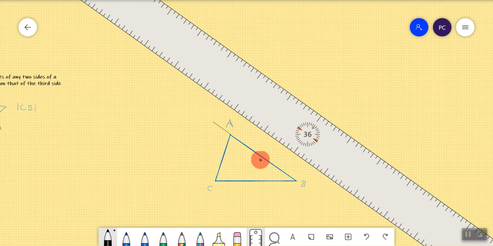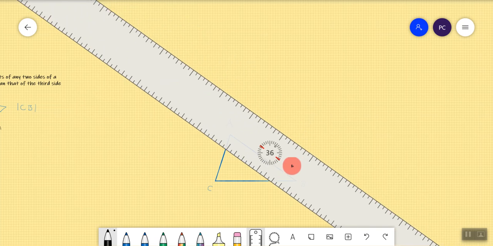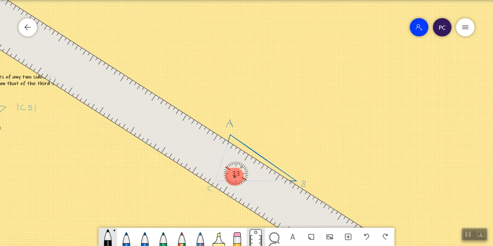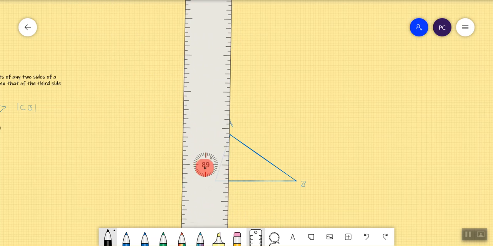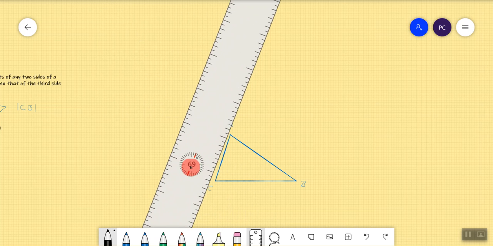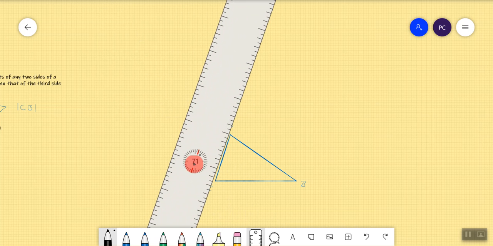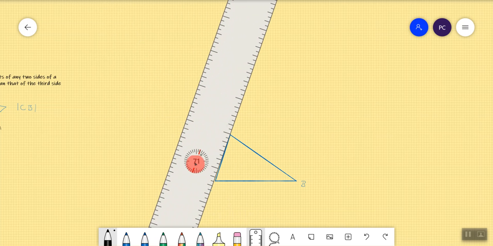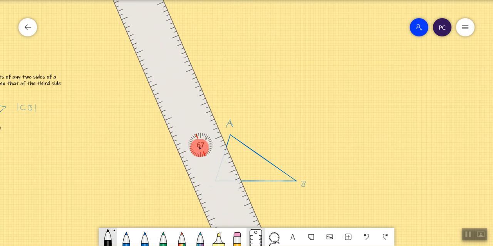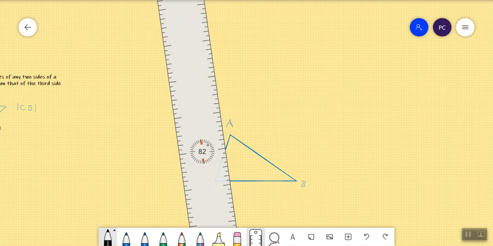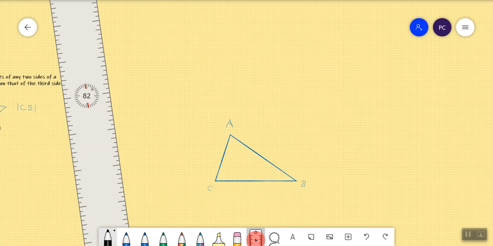Okay, that doesn't look quite right, so let's change that. Let me just get rid of this.